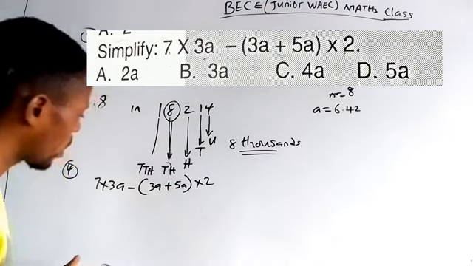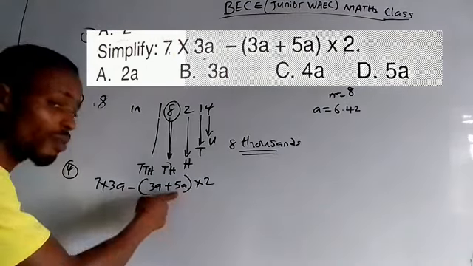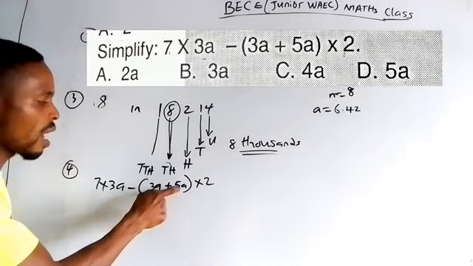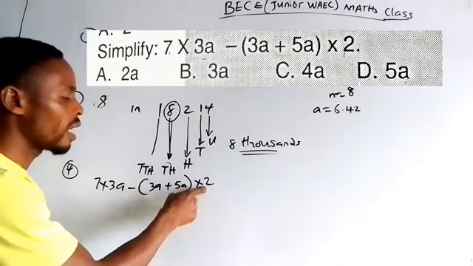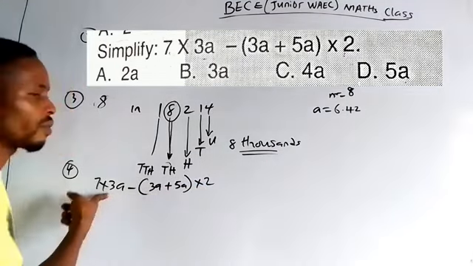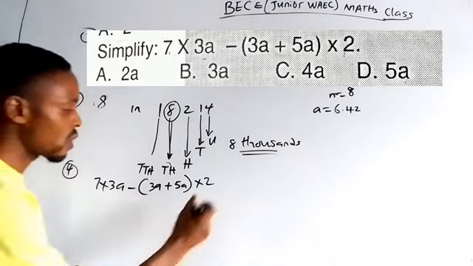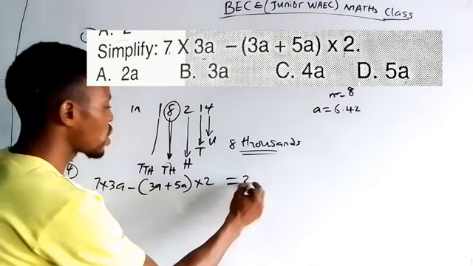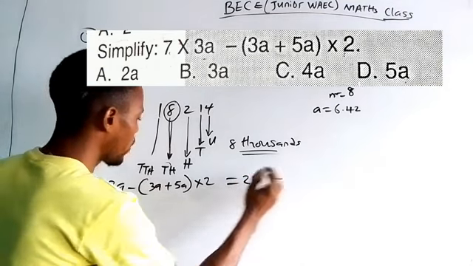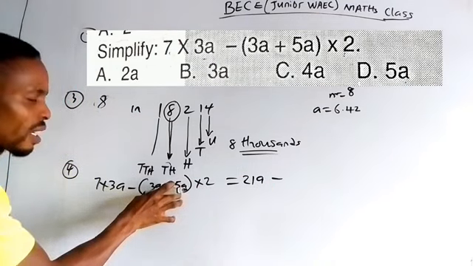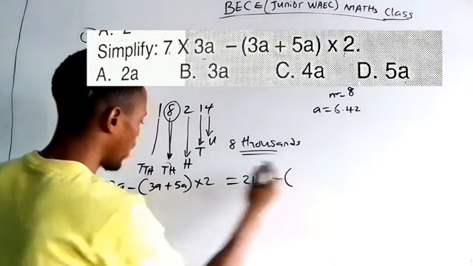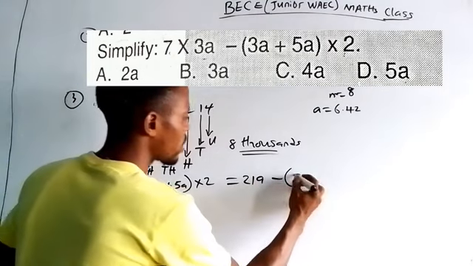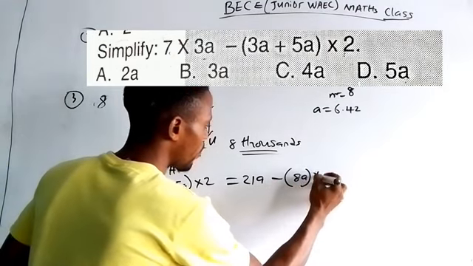The first thing to consider here is to solve the bracket first. If you remember BODMAS, you solve the bracket first. After solving the bracket, you then multiply and then you subtract. So let's see how you can solve it. Here we have 7 times 3a, which gives us 21a, minus. Let's first solve this bracket here: 3a plus 5a, we have 8a, multiplied by 2.